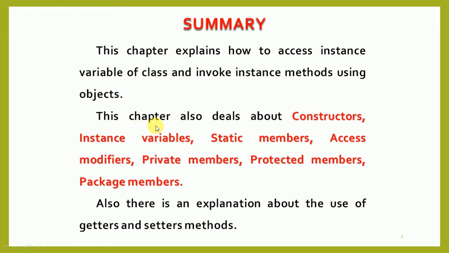This chapter also deals with constructors, instance variables, static members, access modifiers, private members, protected members and package members. There is also an explanation about the use of getters and setter methods. And these two methods are very useful.